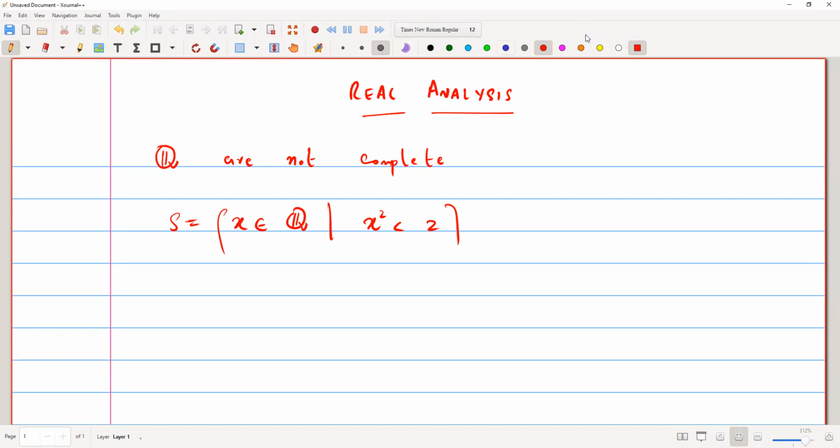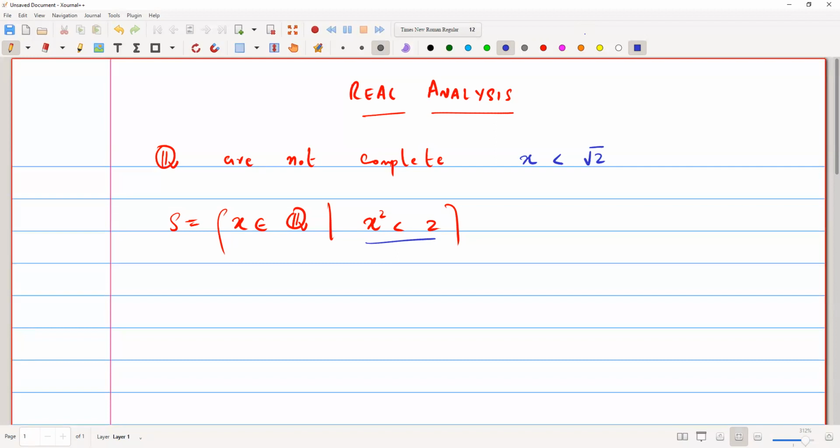Because the set is bounded above, we can see here x square is less than 2, which means x is less than square root of 2. So every number that is rational and less than square root of 2 belongs to this set. So this set is non-empty, and the completeness property says that the set that has an upper bound should have the least upper bound as well, and it should belong to the set that we are talking about.